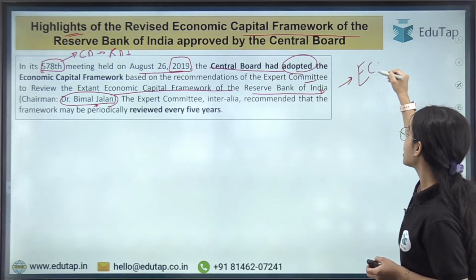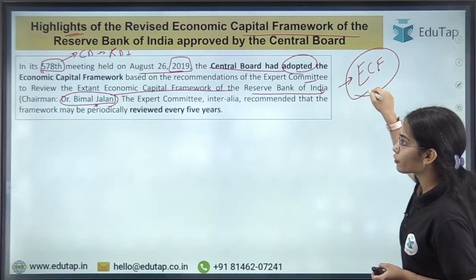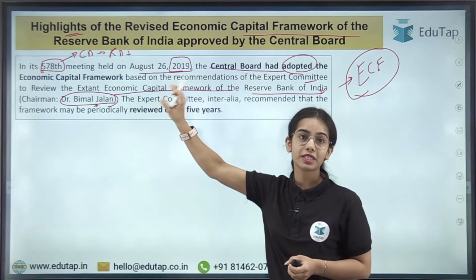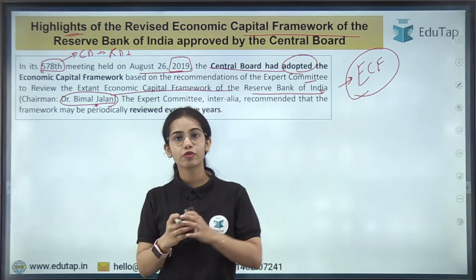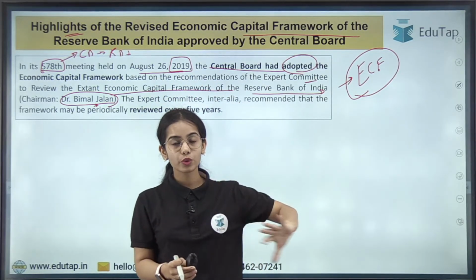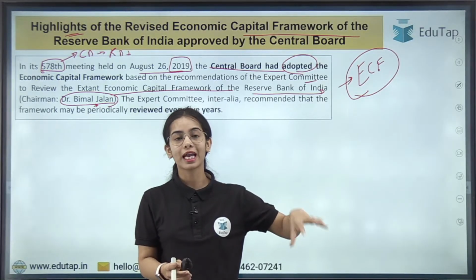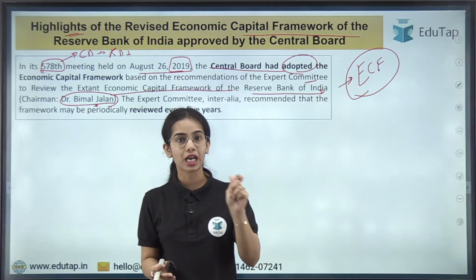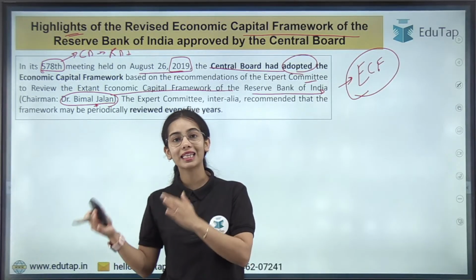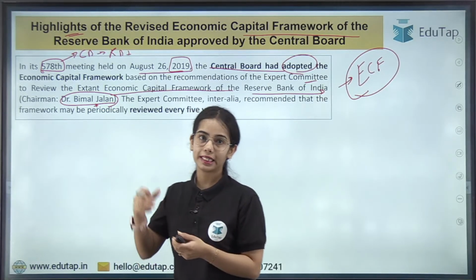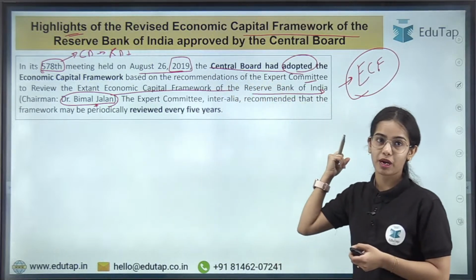These recommendations were accepted by the Reserve Bank of India in its 578th meeting in 2019, when they were adopted by the Central Board.